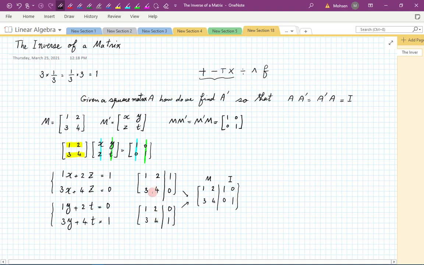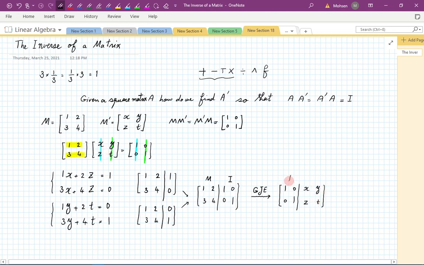Now what were you going to do to either of these things? You would be applying the Gauss-Jordan operation until you get your reduced row echelon form, which in this case has to be identity. So we are going to apply the Gauss-Jordan elimination steps until the left hand side becomes the identity, and then what we have on the right hand side would be exactly our holy grail here that we are after.